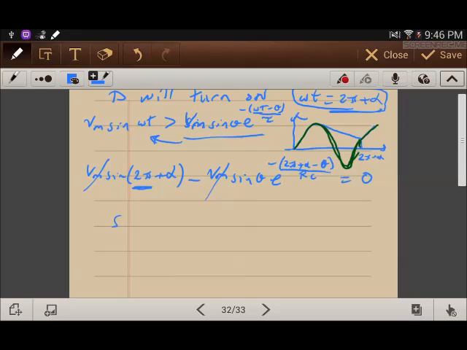I will only have sine, and 2 pi will go, and alpha is left, so minus sine theta e to the power 2 pi plus alpha minus theta over RC omega, I missed the omega here, is equal to 0.